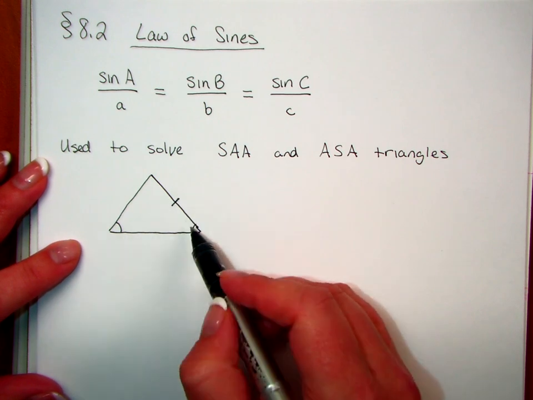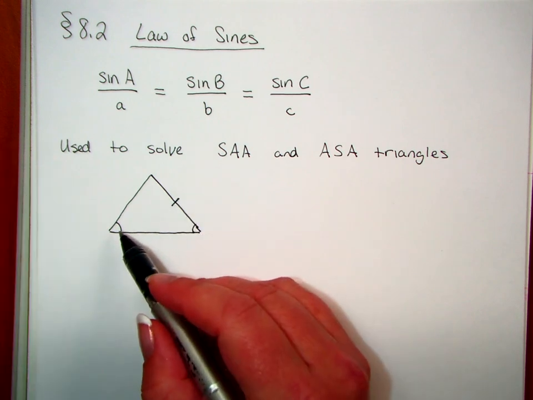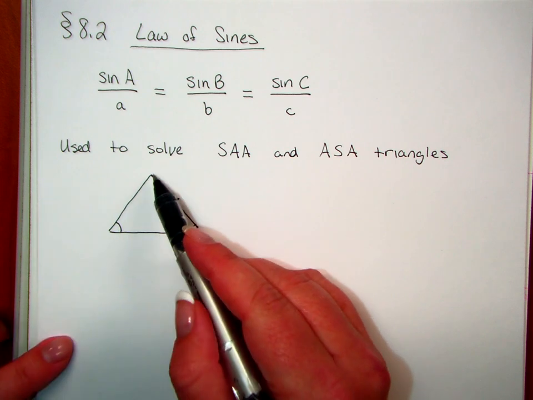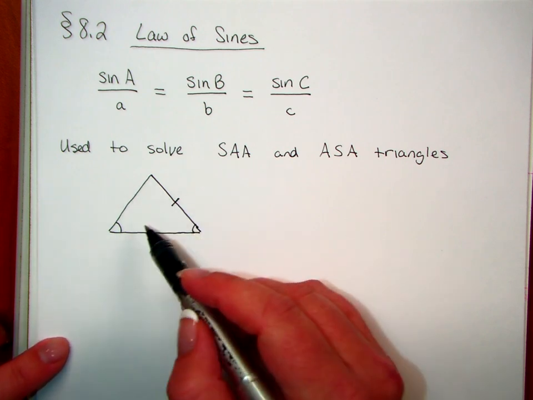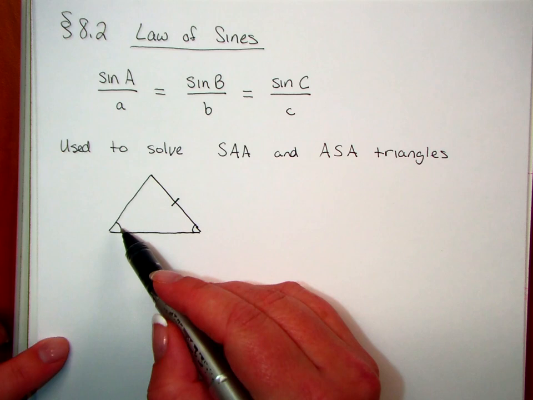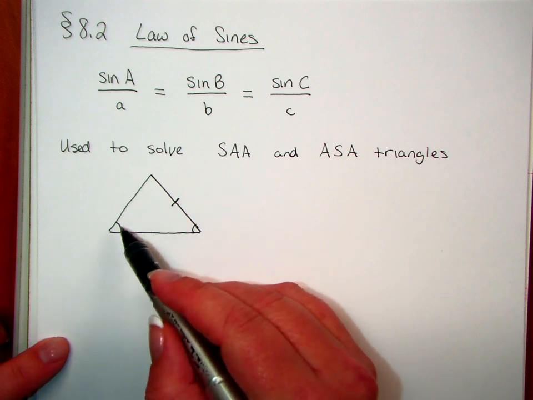All right, side-angle-angle. Notice that not only can we solve for that third angle very easily, but we have one of those proportions from law of sines that we can set up.